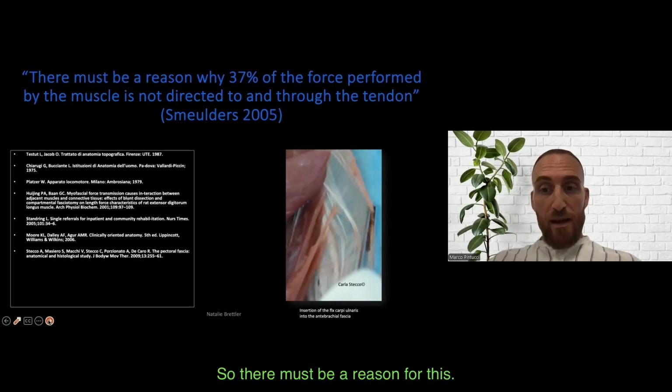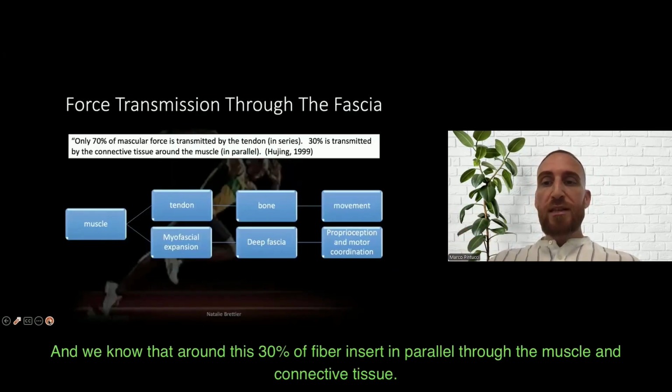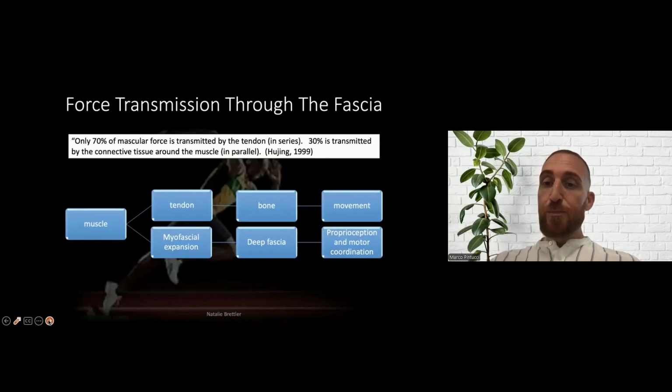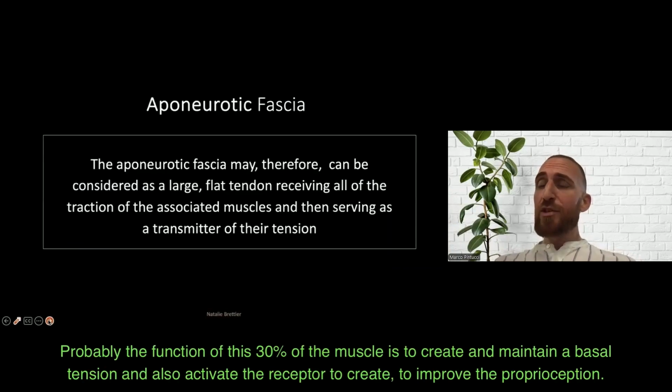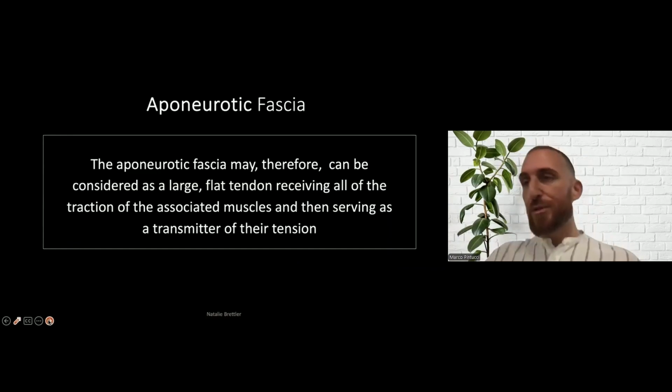So there must be a reason for this. We know that around this 30% of fibers insert in parallel through the muscle and connective tissue. Probably the function of this 30% is to create and maintain a basal tension and also activate the receptors to improve proprioception.